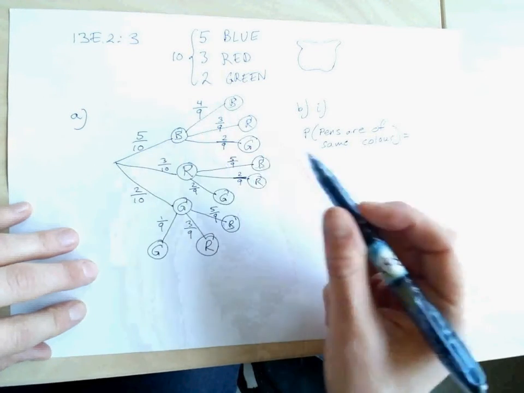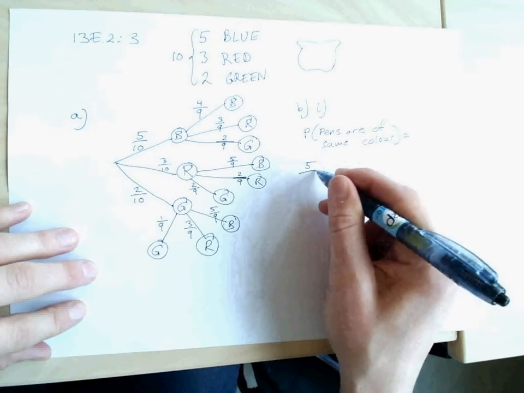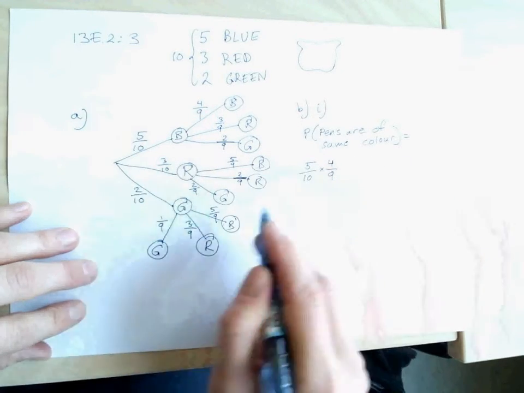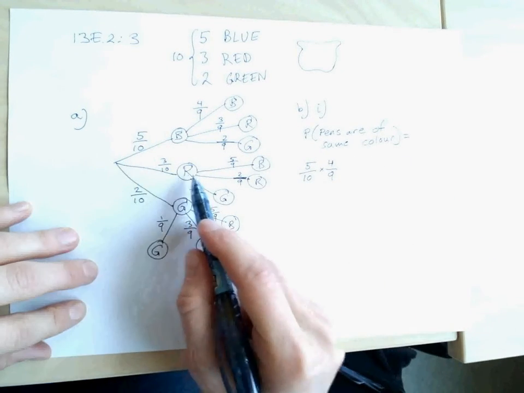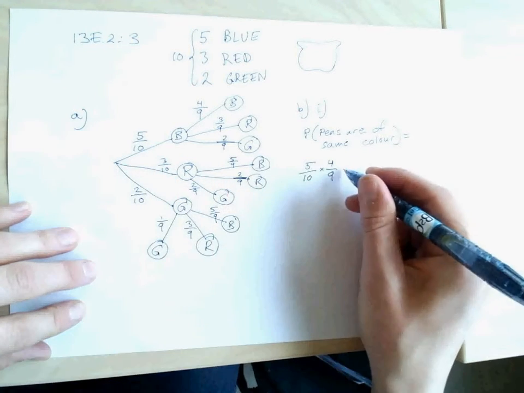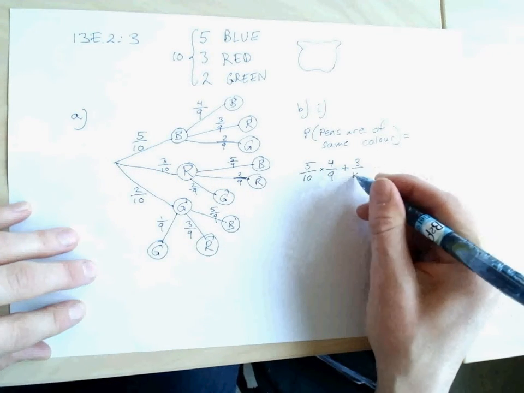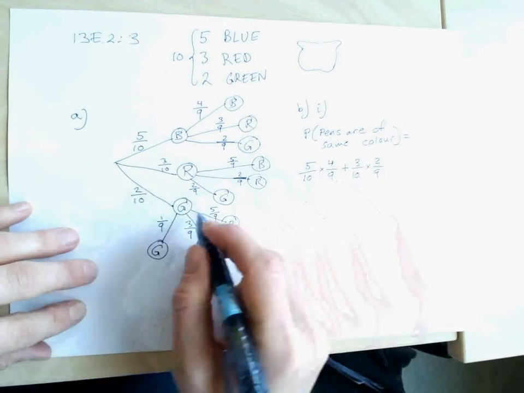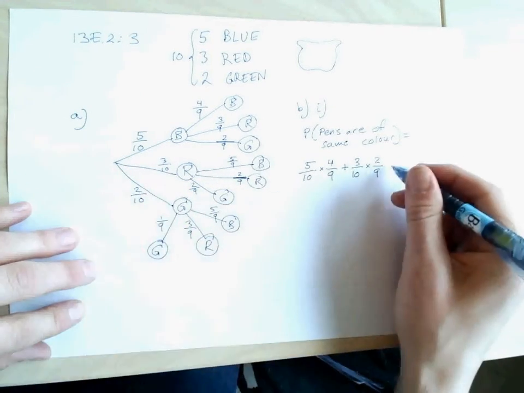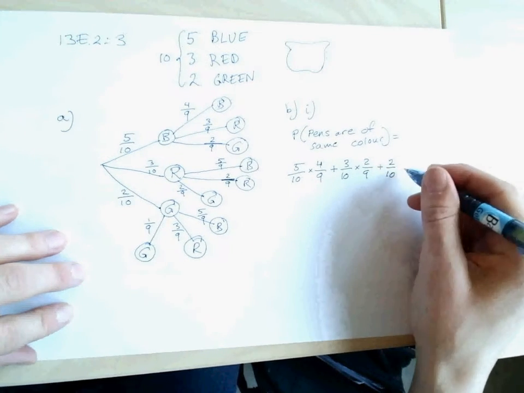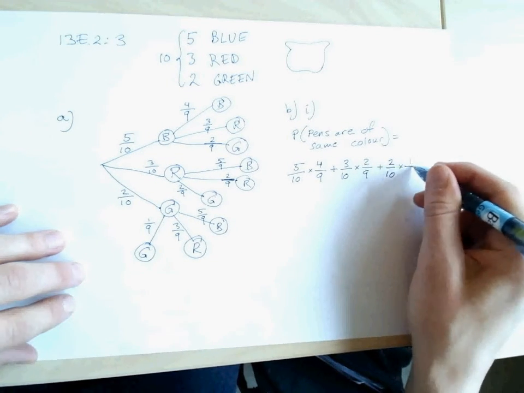I can take 2 blue pens, so that is 5/10 times 4/9. I could also take one red first and then another red. So then I follow this branch. So I add 3/10 times 2/9. But I could also go green-green. So then I take 2/10 times 1/9.